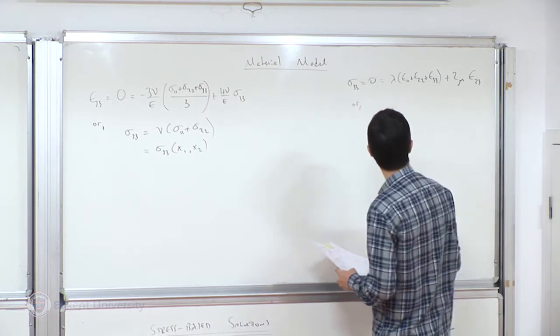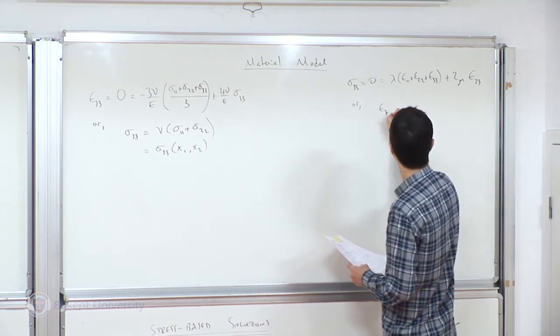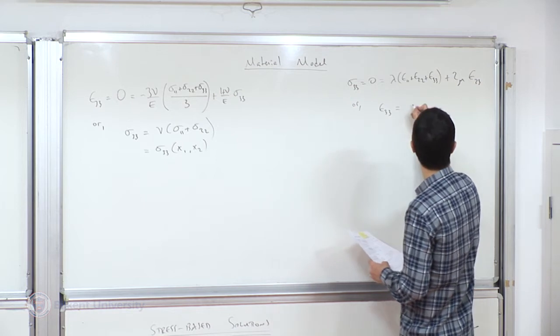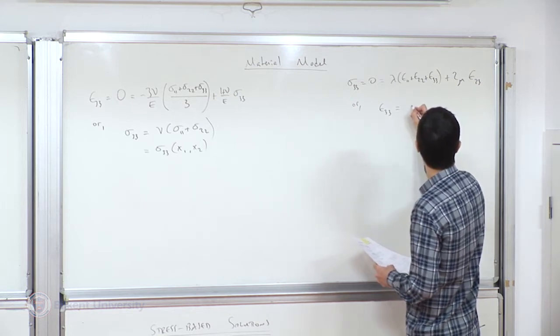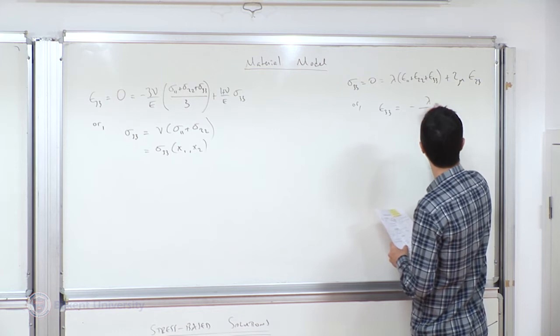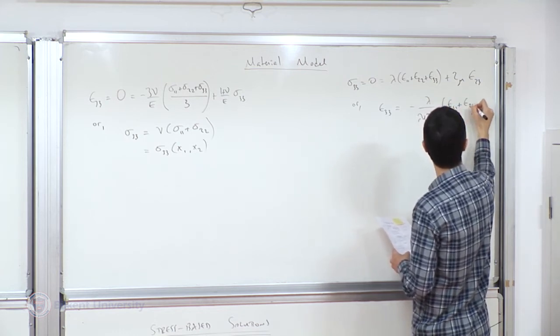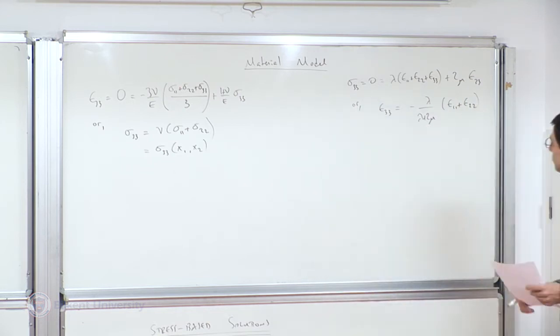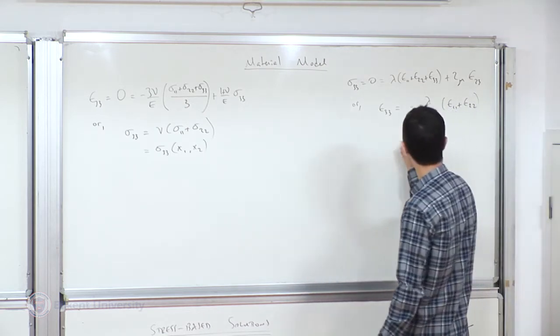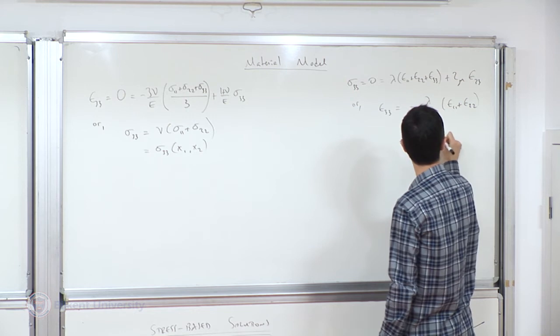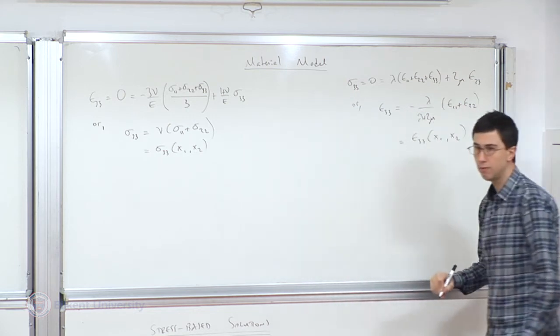Or, therefore, you can solve for epsilon 3,3 equals minus lambda over lambda plus 2 mu epsilon 1,1 plus 2,2. Okay. Which also, in fact, is something that we've done before for the thin spinning disk. And since epsilon 1,1 and 2,2 are functions of x1 and x2, epsilon 3,3 in this case is a function of x1 and x2.